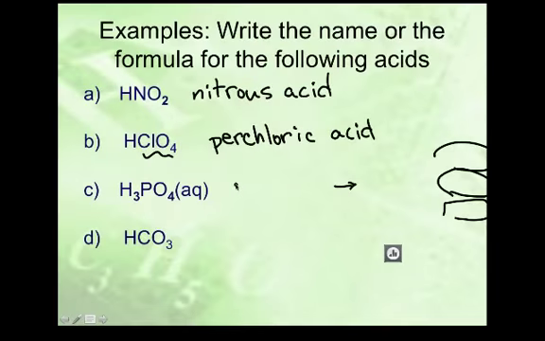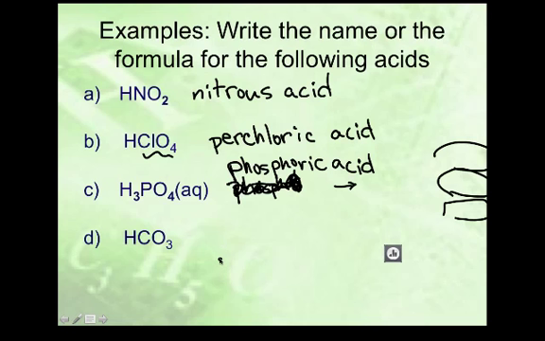So PO4 is phosphate, -ate becomes -ic. Phosphoric. That sounds better. And you just got to know that the P is phosphorus, so we bring that root back in, the whole word. P is phosphorus and K is potassium. Don't get those mixed up.